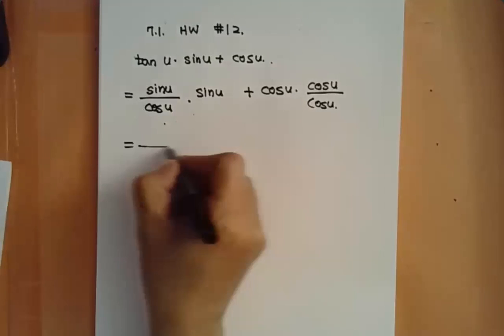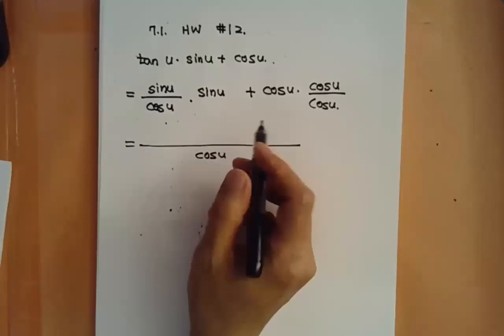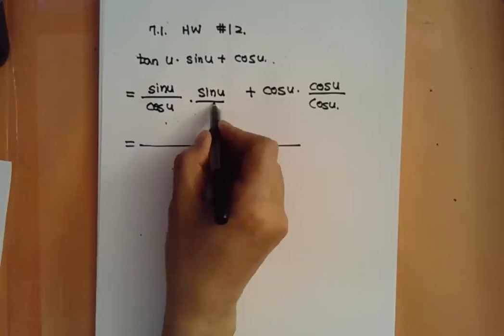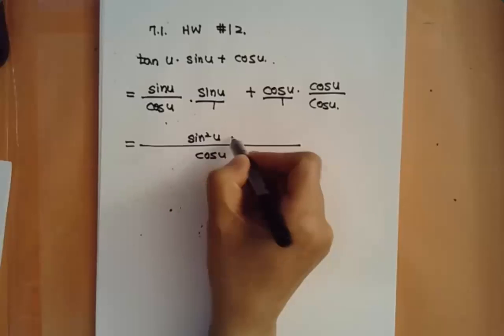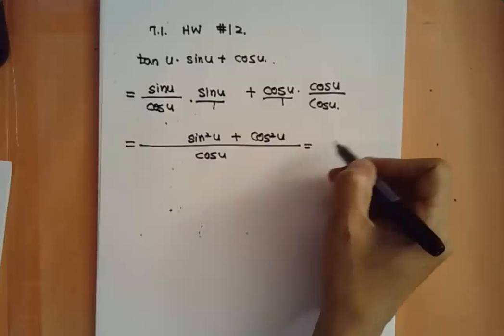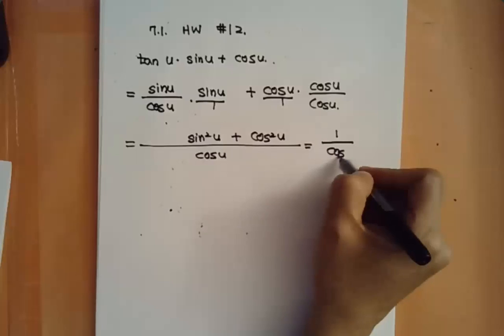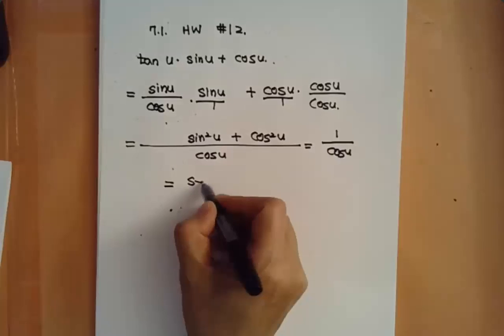And then we already have common denominator, cosine of u, and the first one is over 1. The sine squared of u plus cosine squared of u, so numerator is 1 and denominator is cosine of u. So simpler version will be secant of u.